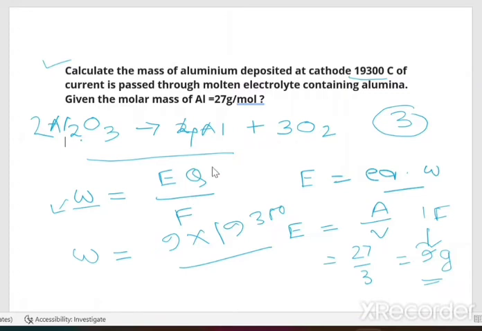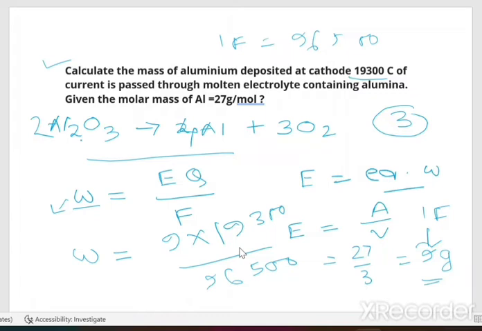And what is F? 1 Faraday is equal to 96500. Okay, so let's calculate this. Whenever we calculate this, we get the final answer.